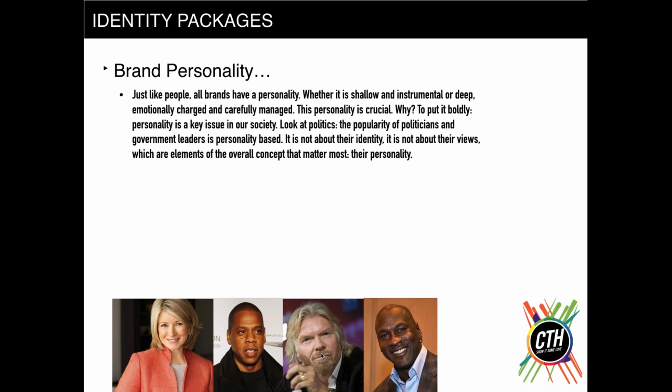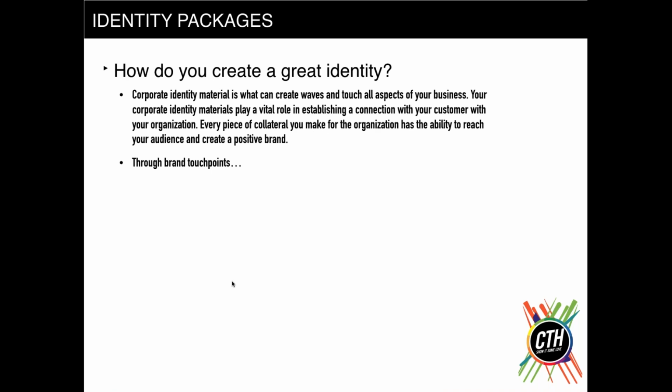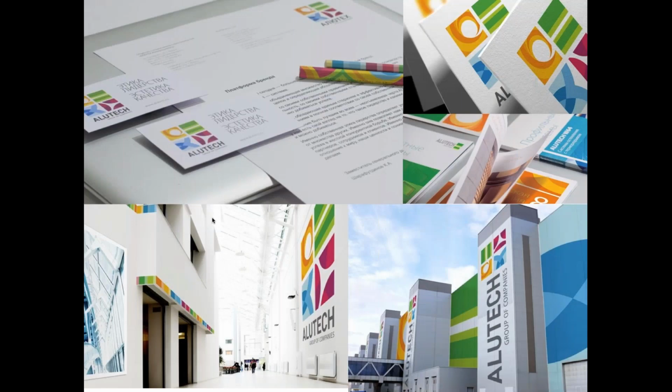All these people like Richard Branson and Jay-Z and Michael Jordan, they all have a sort of momentum with their personality that gives them consistency. So, how do you create this for yourself? Well, you're going to look at graphic elements and color palette and typography and all these things that you've been working on to create what we call touch points.